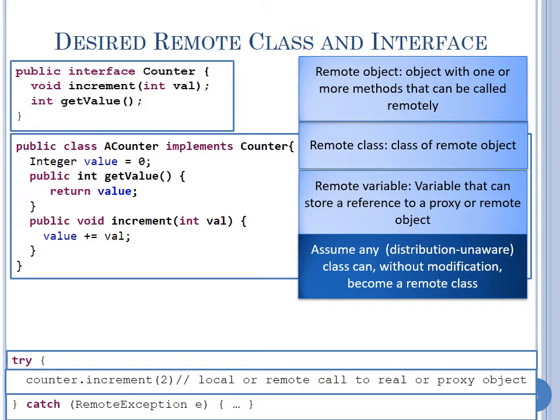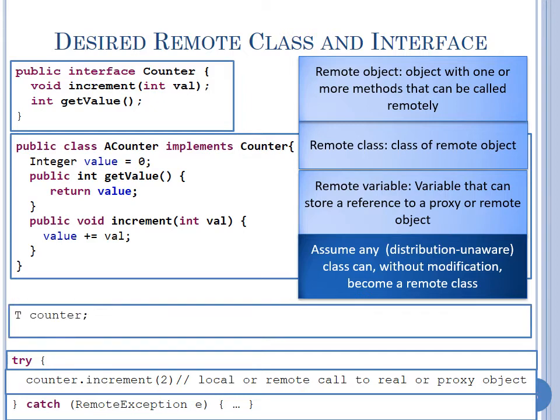So we will make the remote exception that RMI supports a checked exception. Any exception that has to do with a distribution error, we'll make a checked exception. And RemoteException encompasses many of the distribution errors. So we need this try-catch block, and this try-catch block is going to be important in our discussion.